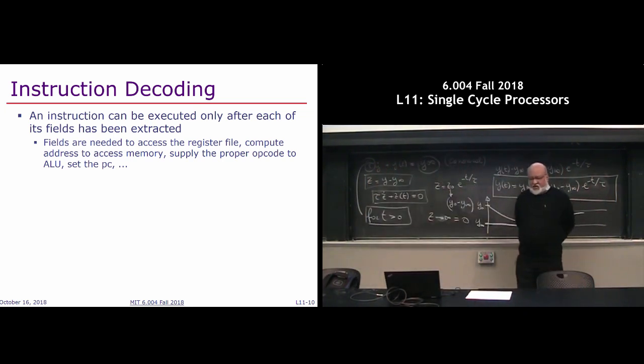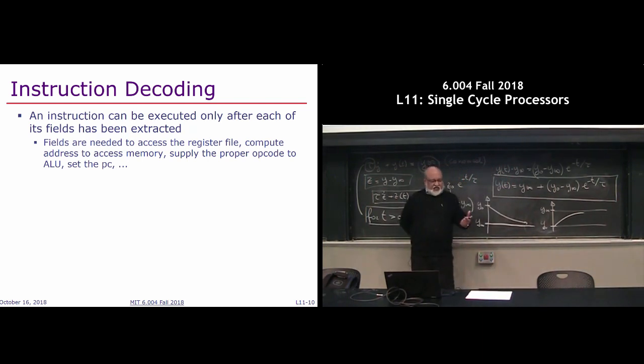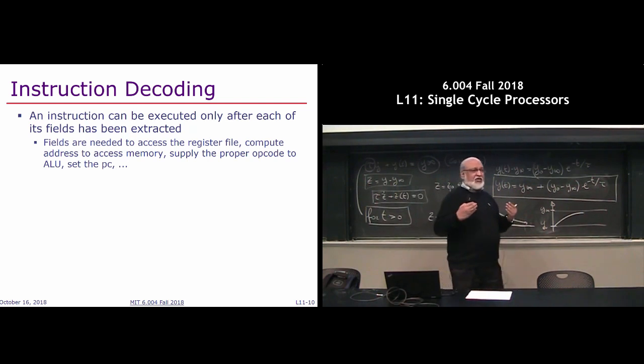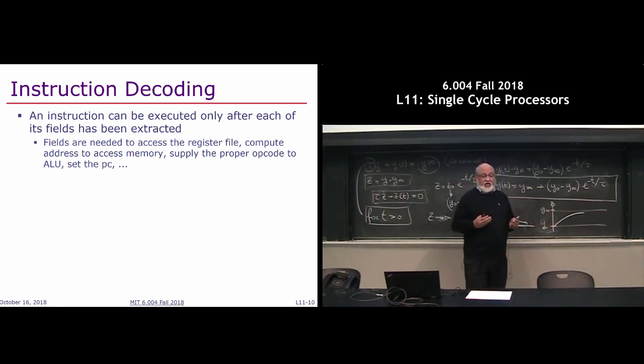Now, an instruction can be executed only after each of its fields has been extracted from the 32-bit number that you read from the memory. Because given a PC, all you get is a 32-bit number out from the memory. And now you have to say, what does it mean? That's what instruction decoding is. What does it mean?